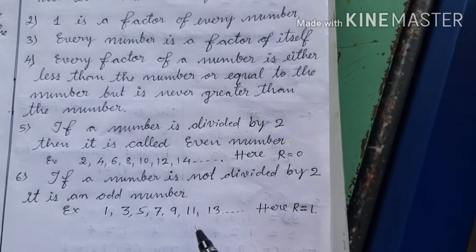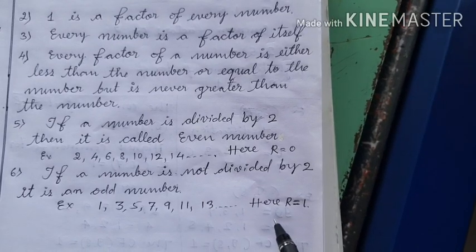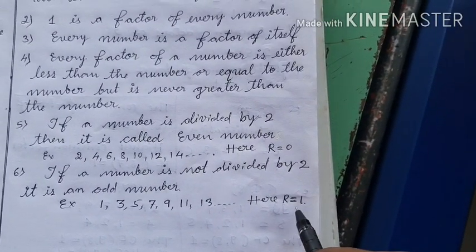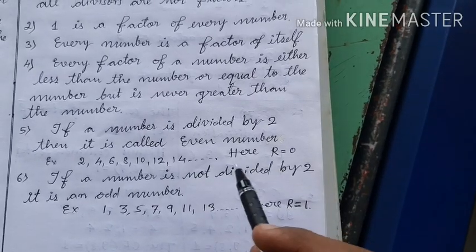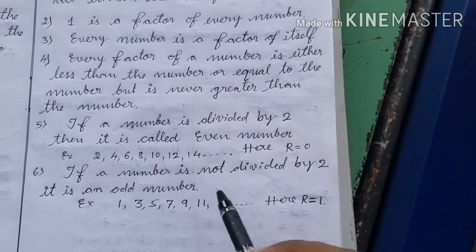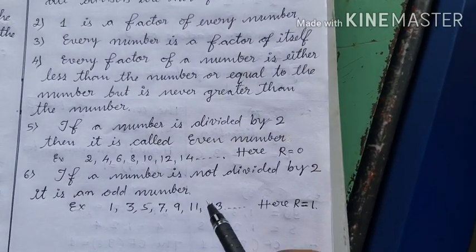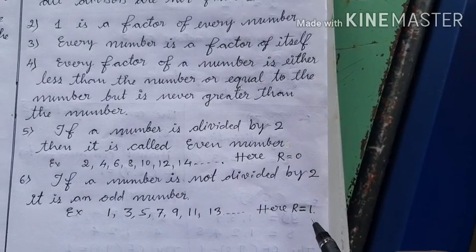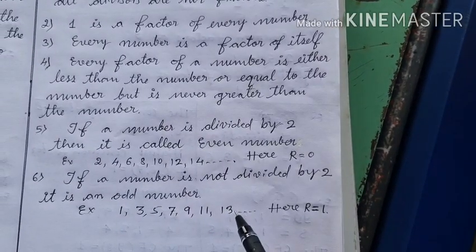Remainder is greater than 0, but the remainder is definitely equal to 1 here. So any number which is divided by 2 is an even number, and any number which is not divided by 2, and after the division the remainder is exactly equal to 1, then that is an odd number.